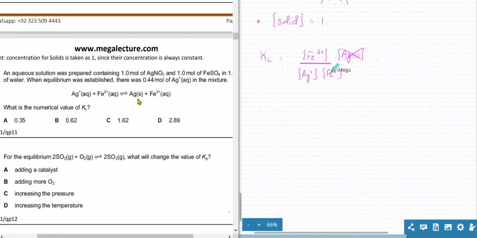So anyways, if you focus on this question, let's try and find the answer of Kc. So it's Ag plus 1 plus Fe2 plus, in equilibrium with Ag solid and Fe3 plus.